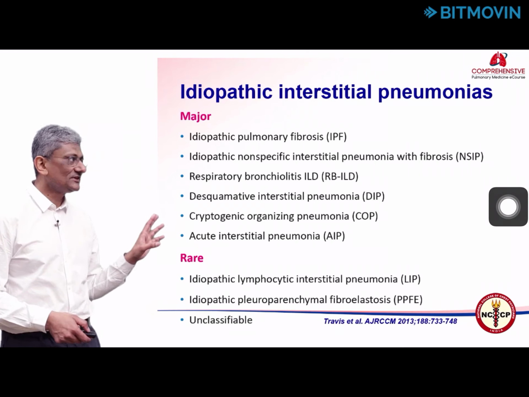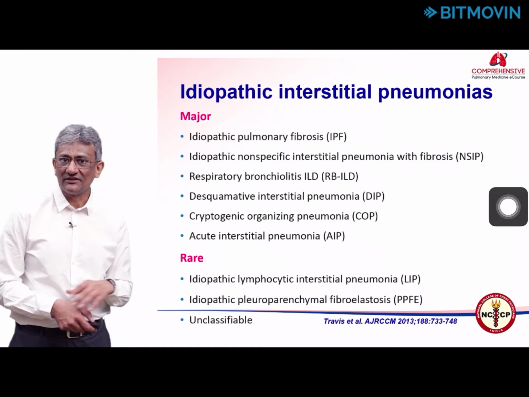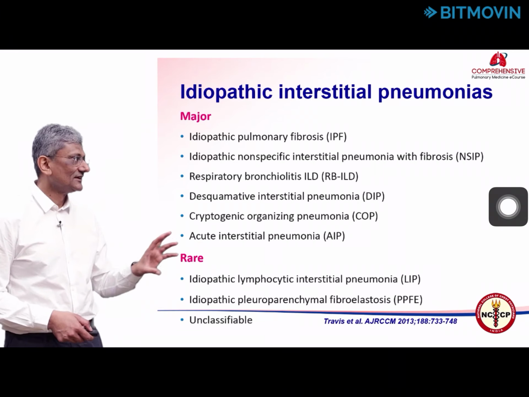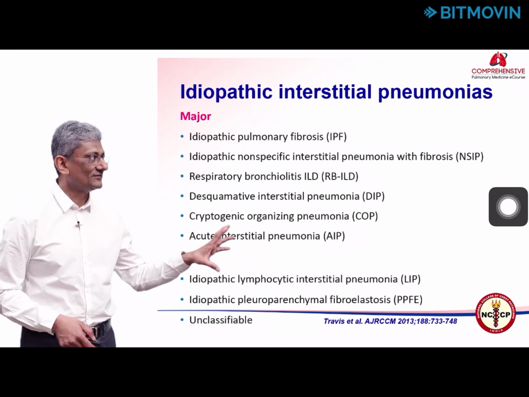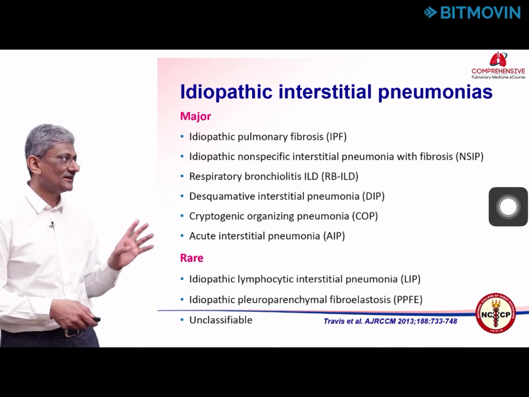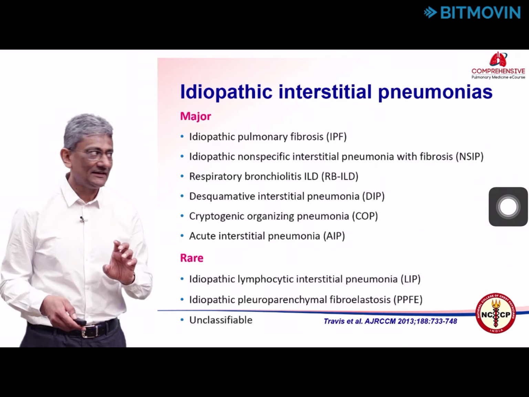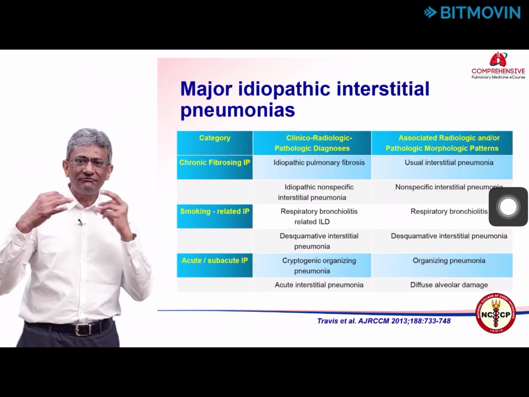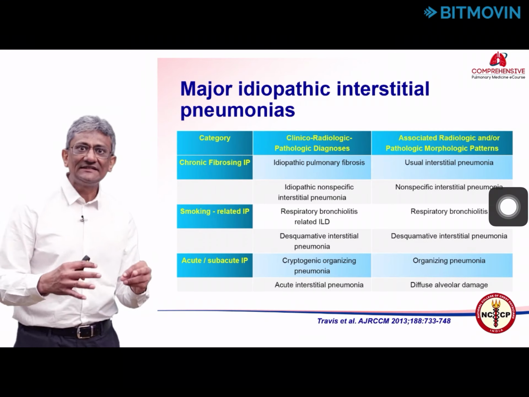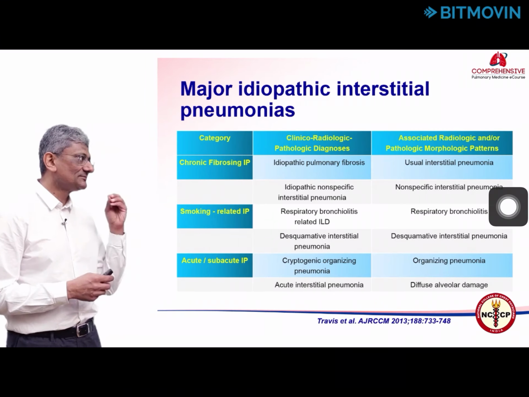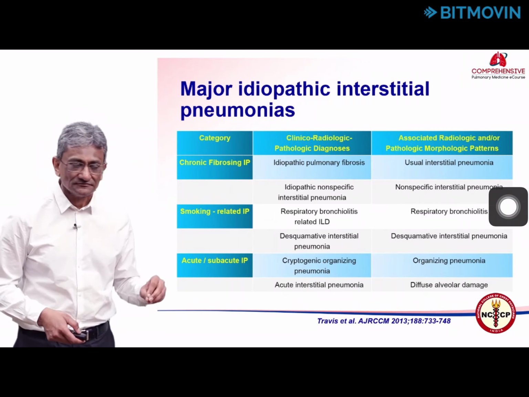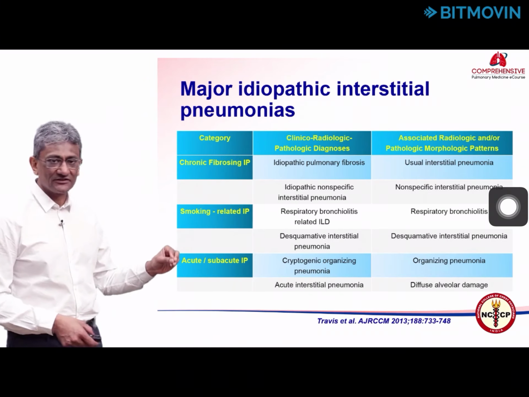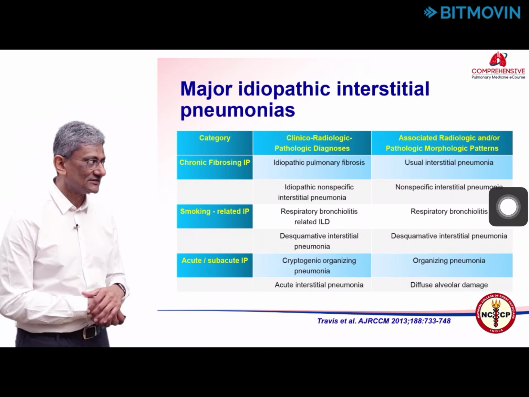But otherwise, we have the 6 major idiopathic interstitial pneumonias that have their acronyms. So, you have IPF, NSIP, RBILD, DIP, COP and AIP. And we can further try to understand these based upon the presentation. So, if the presentation is acute, it is almost always an acute interstitial pneumonia.